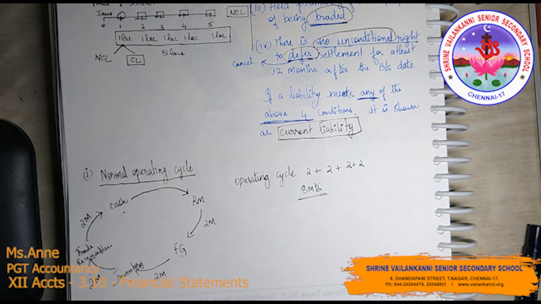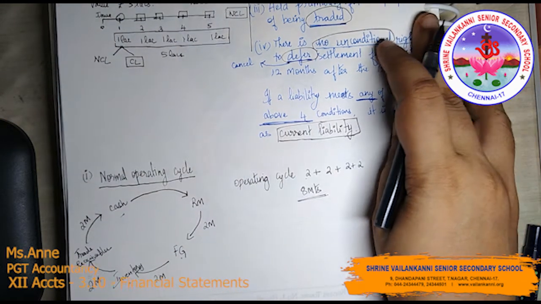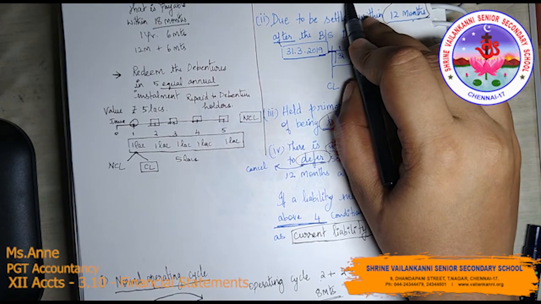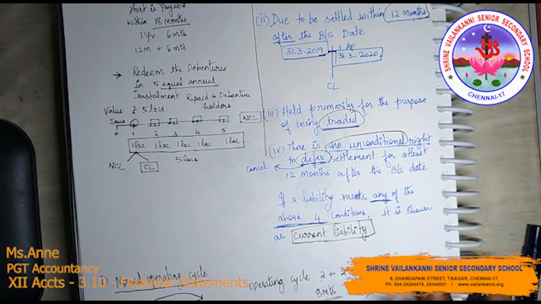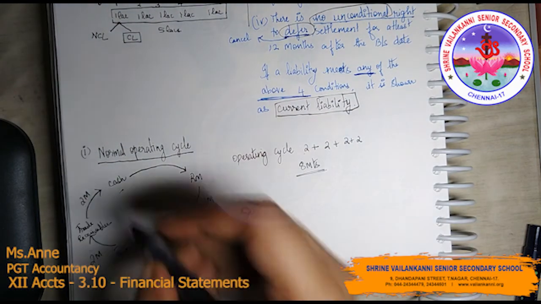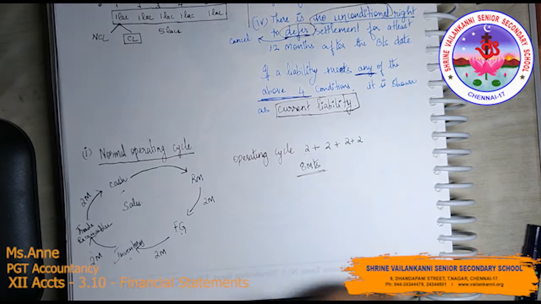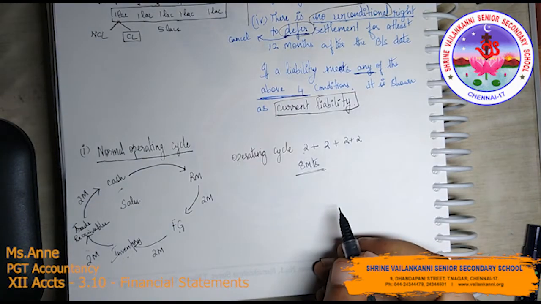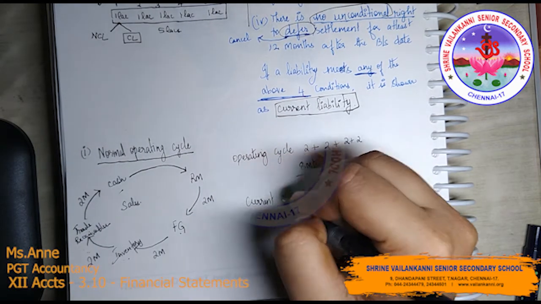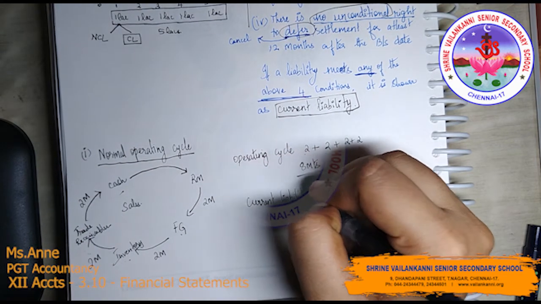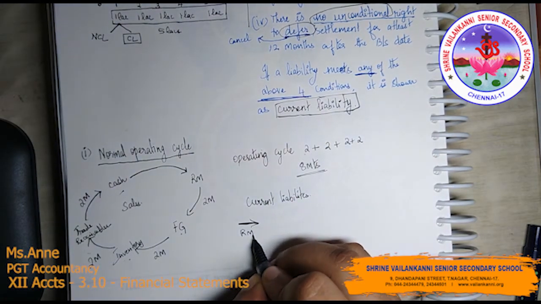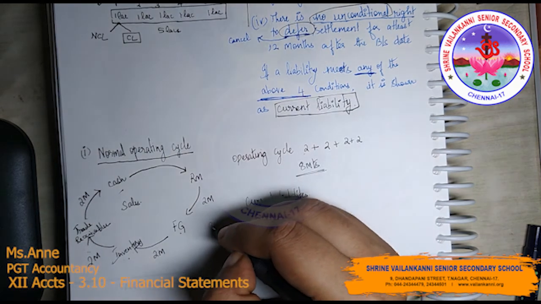Okay, so what they are trying to say is expected to be settled in the normal operating cycle. Say for example, we need to settle it. This is an example for sales. We need to settle our suppliers. Okay, so we are talking about current liabilities.